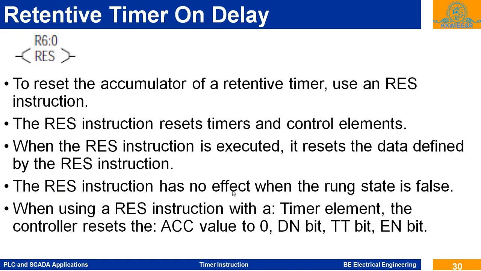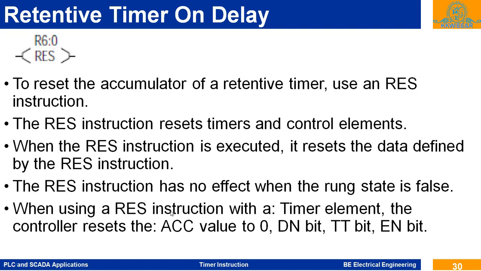The reset instruction has no effect when the rung state is false. Okay. When the reset rung is false, there is no effect. But when we press the reset button, this reset rung is true, then the reset instruction is executed and it will reset the data for the defined retentive type timer instruction.